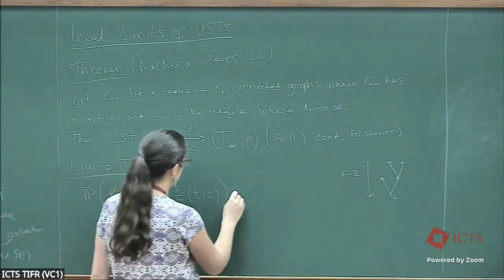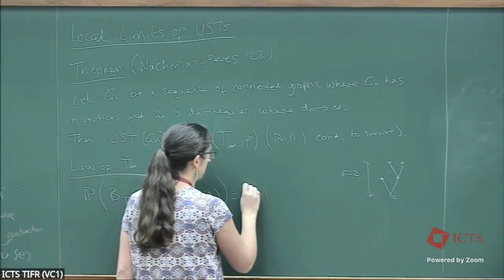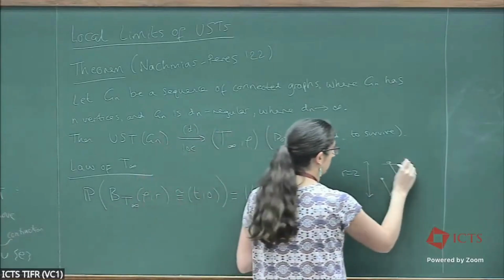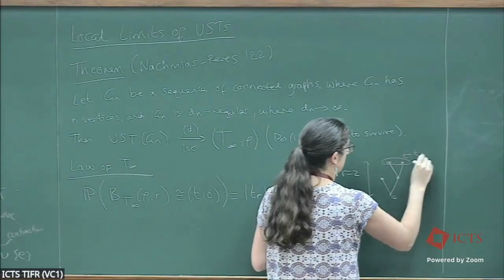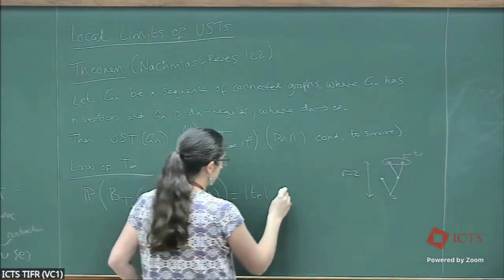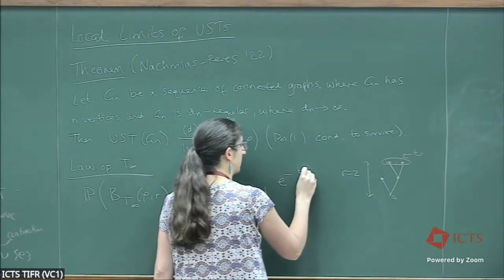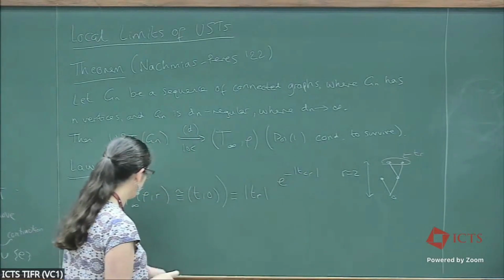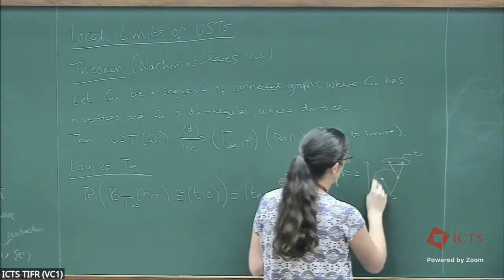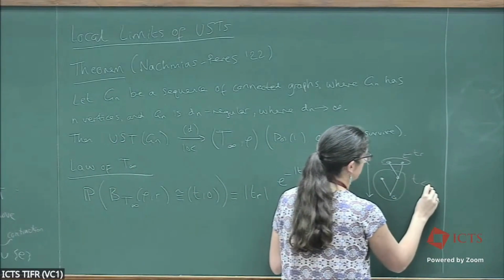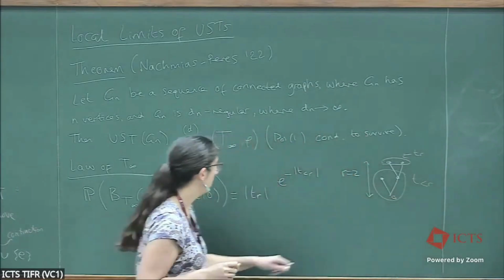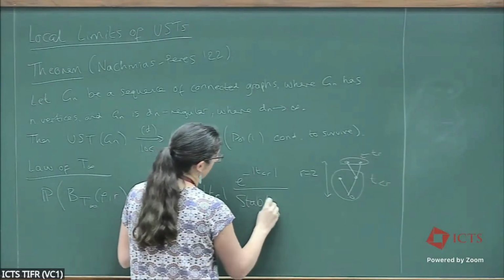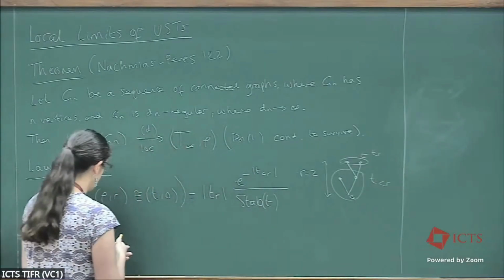This is equal to, again, this factor, T_R, which is the number of individuals of generation R, or sorry, the set of individuals, times e to the minus the number of individuals at generation strictly less than R, divided by the stabilizer of T. And what's the stabilizer?